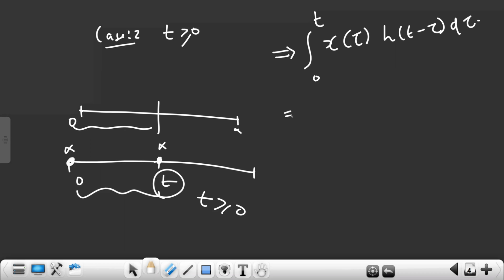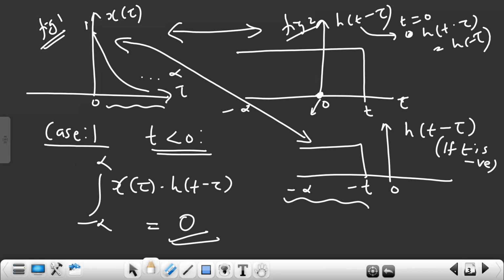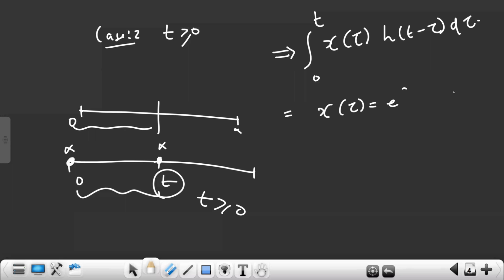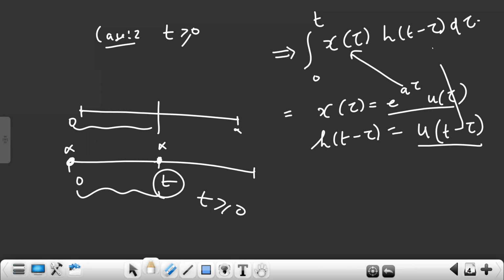Now, what is x of tau? X of tau is e raised to minus a tau u of tau, and h of t was u of t, isn't it? So h of t minus tau will be u of t minus tau. These two terms you need to substitute in the integral.